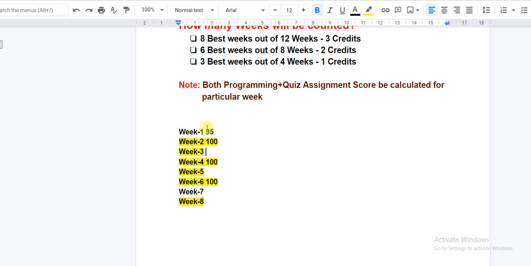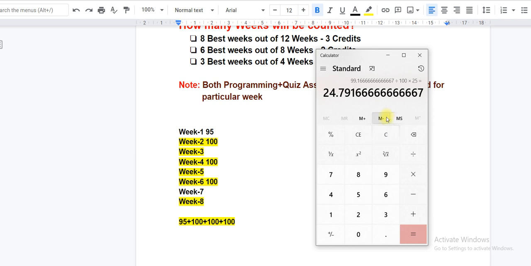In case you have done just 4, then NPTEL will calculate these 4 only. So 95 plus 100 plus 100 plus 100, so 395, right? But what does best mean? NPTEL will consider 6 weeks, guys.